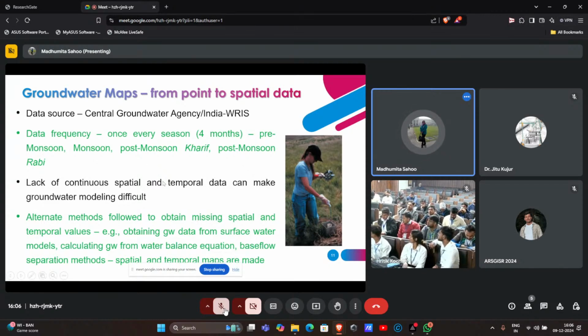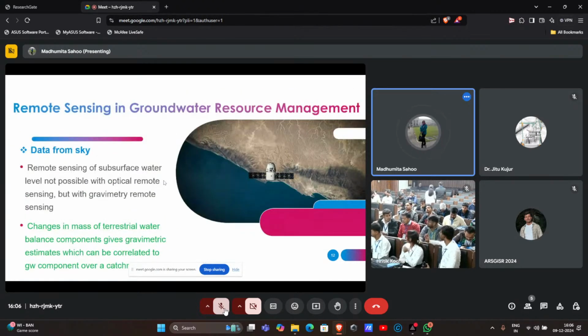So these are the indirect methods which people prefer in the absence of continuous groundwater data, both at spatial and temporal scales. But there is another way which we can go for, and that is what we call data from sky.